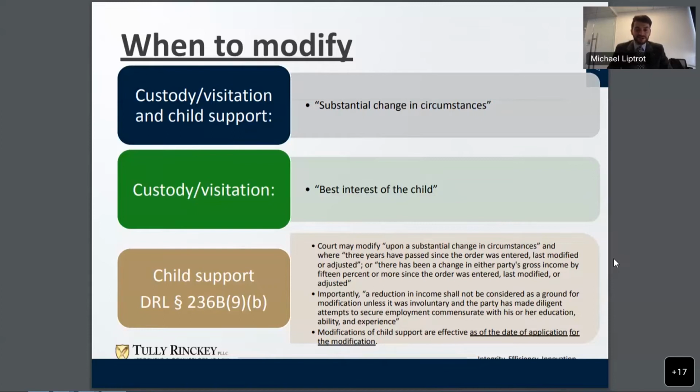It was an involuntary reduction in income, and you've made diligent attempts to secure employment commensurate with your education, ability, and experience. Frequently, the support magistrates will look at your prior earnings, and you'll be deemed to have a certain level of earning capacity.